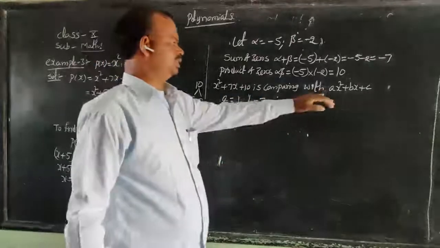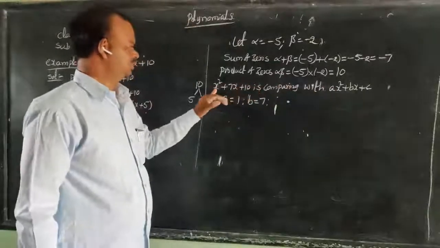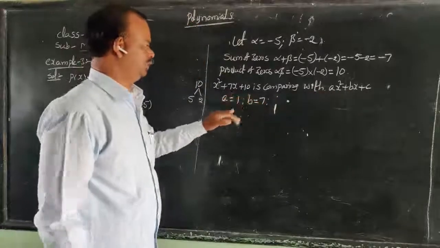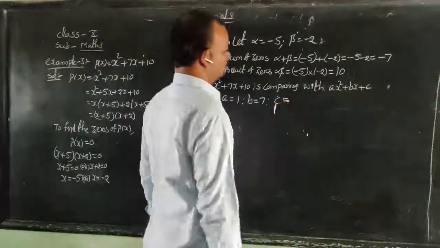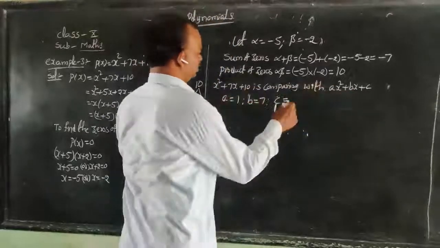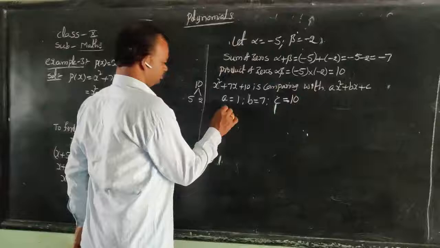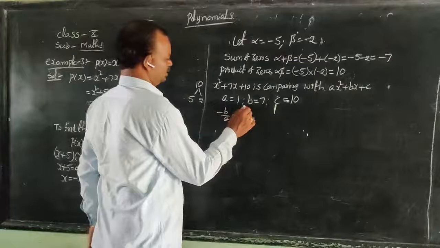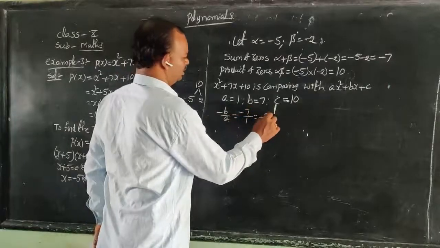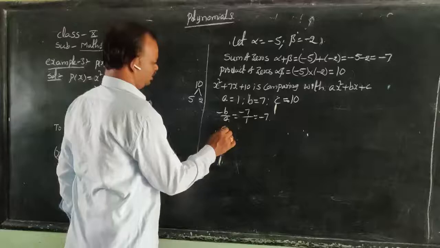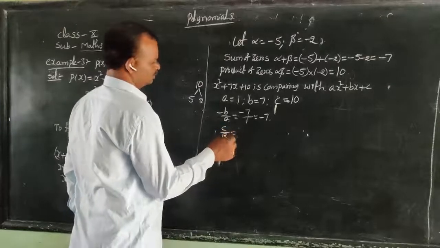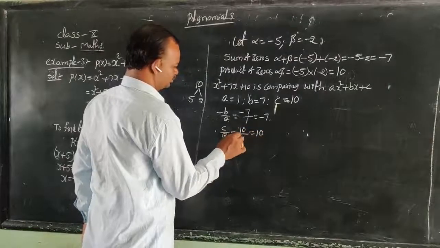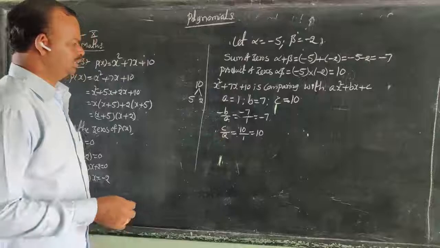That means the coefficient of x square is a, which is 1, the coefficient of x is b, which is 7, and the constant term c is 10. Minus b by a is equal to minus 7 by 1, that is minus 7, and c by a is 10 by 1, which is equal to 10.